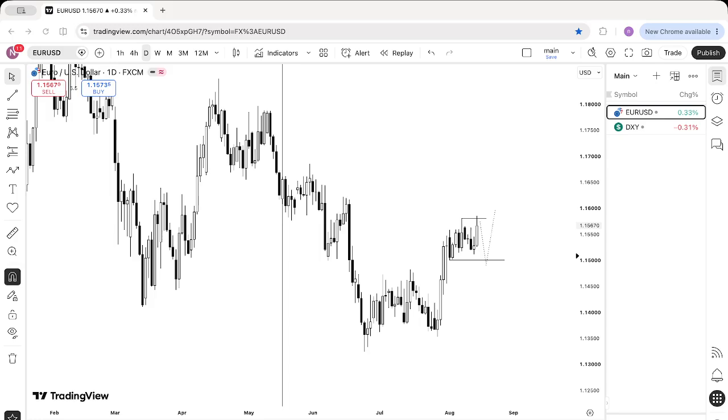So if dollar is going to consolidate, do you think CHF is going to have any better setups than Euro or GBP? If dollar is going to expand, CHF is going to have the same setups as Euro and GBP. The more Forex assets you add, number one, you're just clouding your vision because you're trying to focus on more things than you need to.